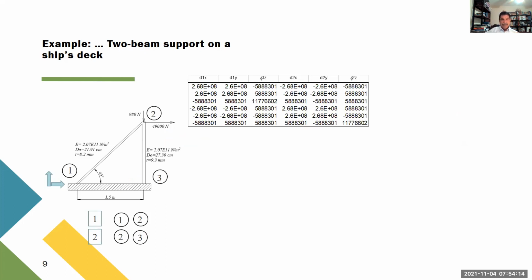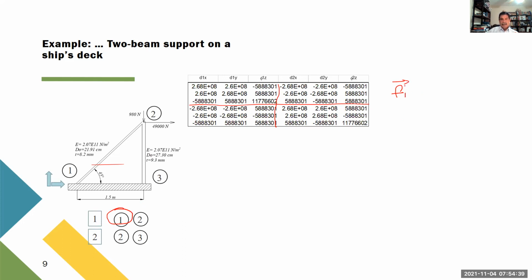Remember, in this case, this is a 6x6 matrix. So we have up to here and up to here. Okay? So the first one, you see here. This is F1. Let's put it as a vector, okay?